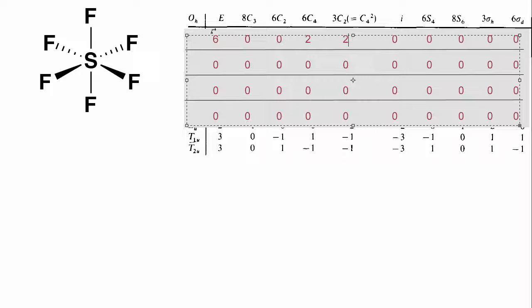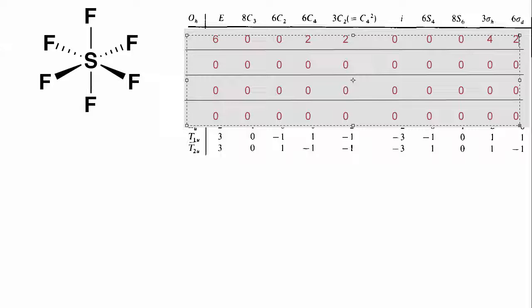S6 is the same. If we perform a sigma h, it will contain, in this case, these 4 bonds right here, but these 2 axial bonds will move, so we will get a value of 4. And then in the case of the sigma d's, so the mirror planes that don't contain all of the 4 bonds, but rather bisect the fluorine-sulfur-fluorine bonds, in these cases, all we end up with are 2 sigma bonds that remain intact.